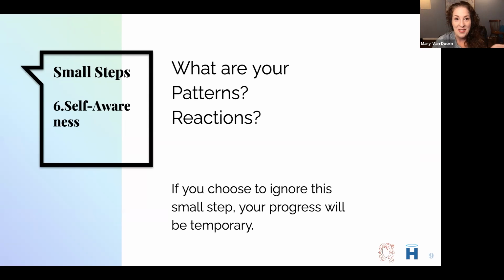Okay, here's the thing. This one is the hardest one, I think. You have to start looking at what annoys you about other people. That one's hard, right? So chances are, if it annoys you in other people, it's something that you're worried about for yourself.